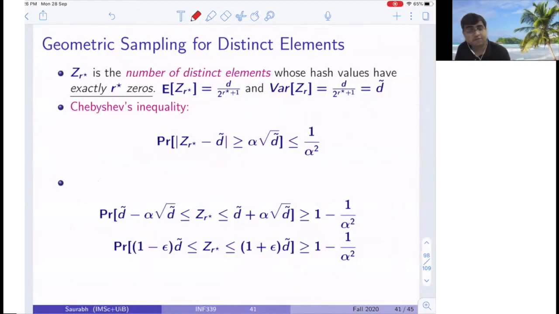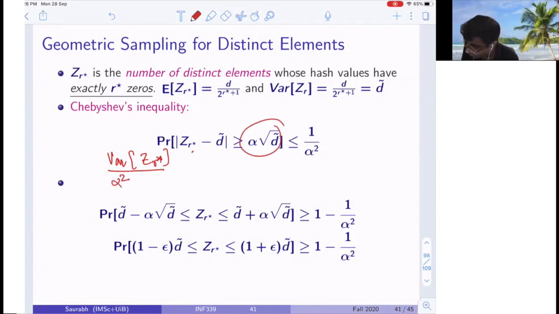So what does the Chebyshev inequality tell us? That the probability that Z R star minus D hat is greater than alpha D hat is at most 1 over alpha square. Why? Because the Chebyshev inequality says this is nothing but the variance of Z R star divided by whatever is here, whole square.